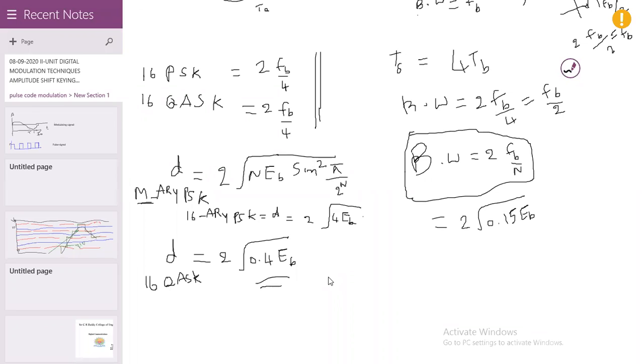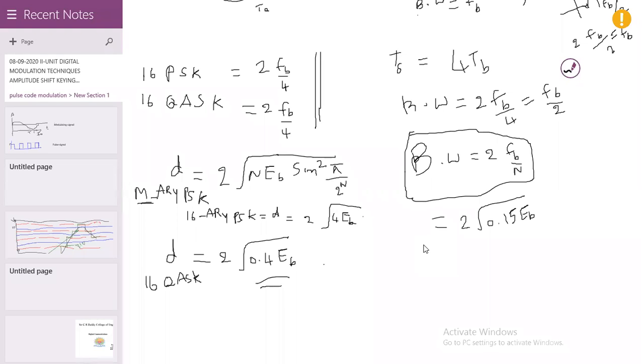Here you can observe that the distance of 16 QASK is greater than 16 PSK. Therefore, the bit error rate is less in 16 QASK when compared with 16 array PSK.